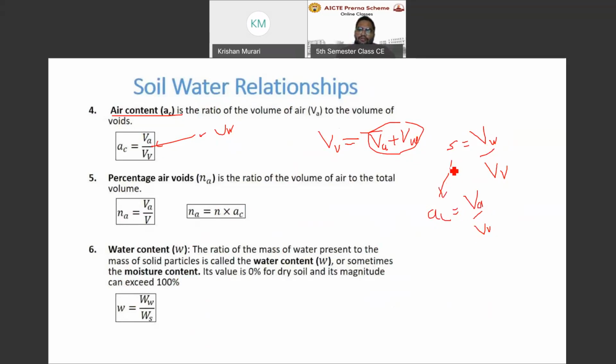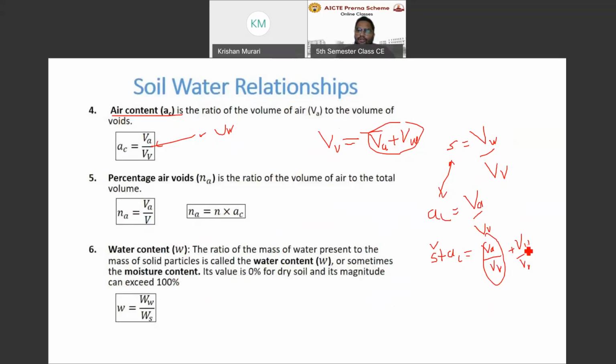If I add these terms, S plus AC, where S is the degree of saturation and AC is the air content, I can write it as (VA plus VW) upon VV.